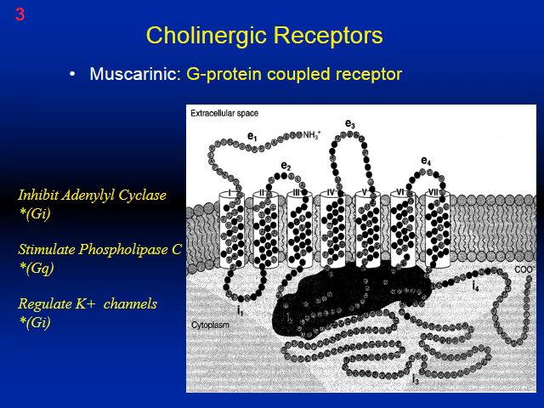The next thing is how are they coupled? And so M1 and M3 are Gq coupled, which means that they activate the lipase, right? Phospholipase C, so you get second messengers like IP3, DAG.